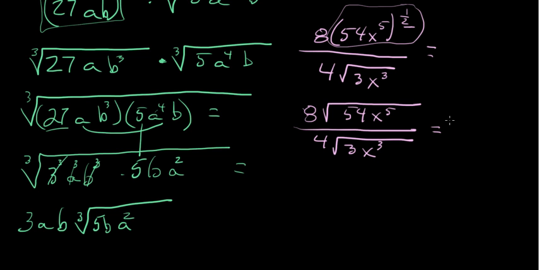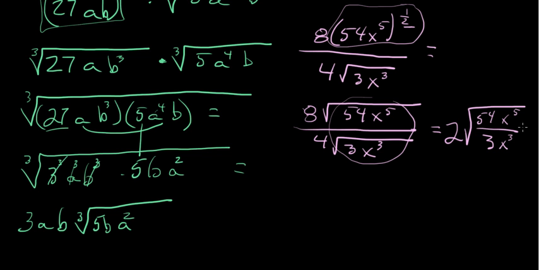Well, 8 over 4 is 2. And then I can use my powers. I can change this to just one radical sign. I can combine those. So I got 54x to the 5th over 3x to the 3rd.